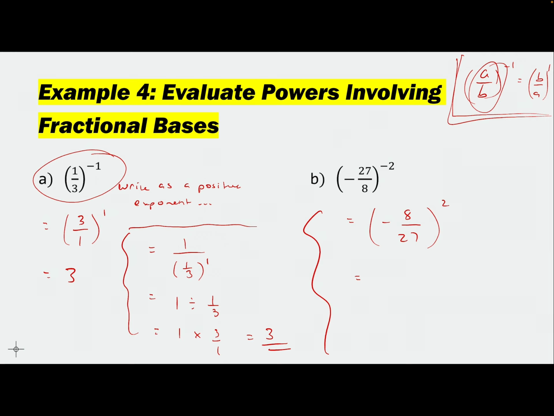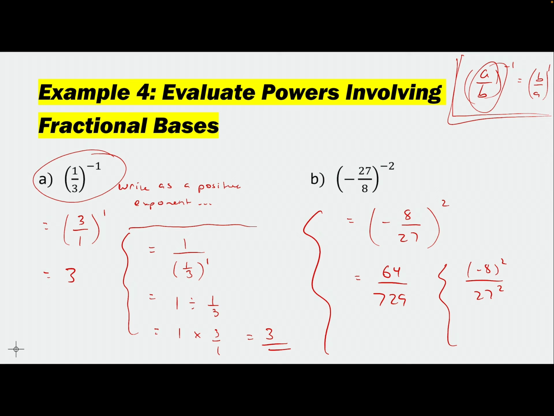All right, so negative 8 over 27 times negative 8 over 27, that's going to equal 64 over 27 squared is 729. What you could also do is think of it as negative 8 squared over 27 squared. So square the top, square the bottom.